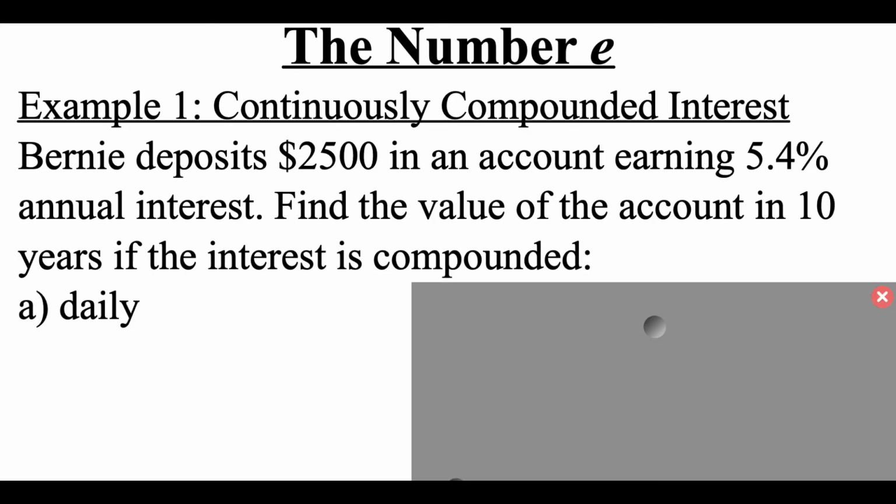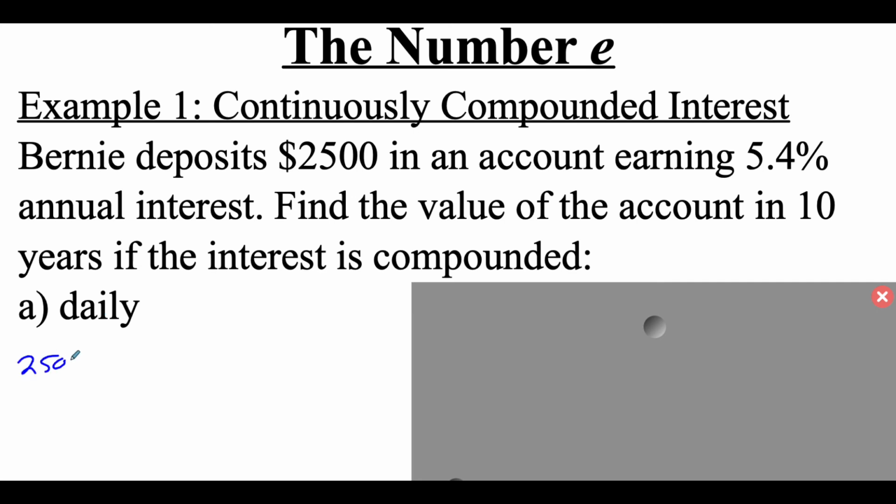So if we look back at our compound interest example where Bernie had deposited some money. He deposited $2,500 in an account, getting 5.4% annual interest, and we left the money in the account for 10 years. Let's say we were compounding this daily, so every single day Bernie gets some interest.